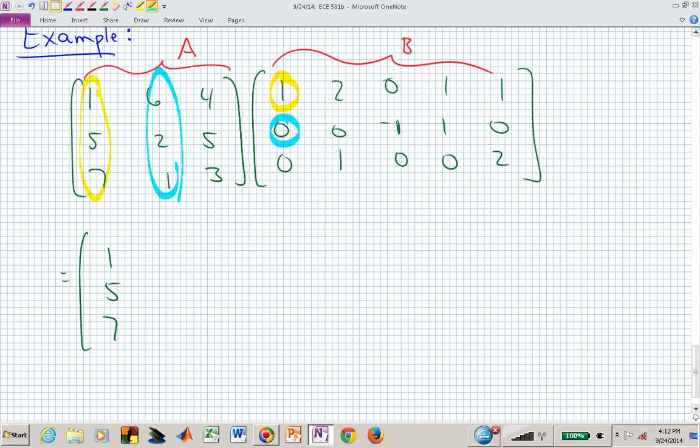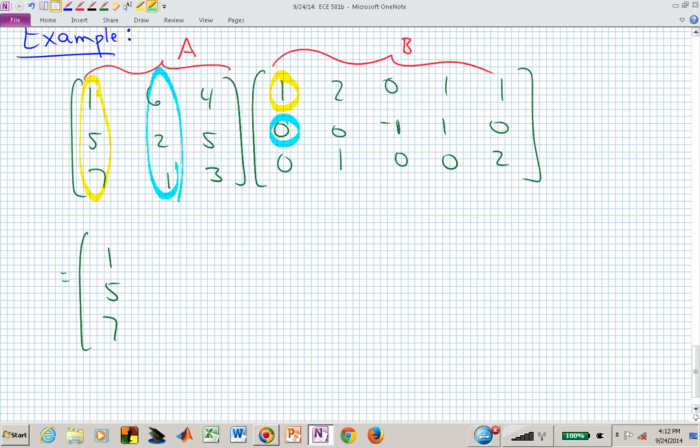I take the first column and scale it by 2, and add to that 1 times the third column. Meaning the first row of the second column is going to be 2 times 1, 2, plus 4, or 6.